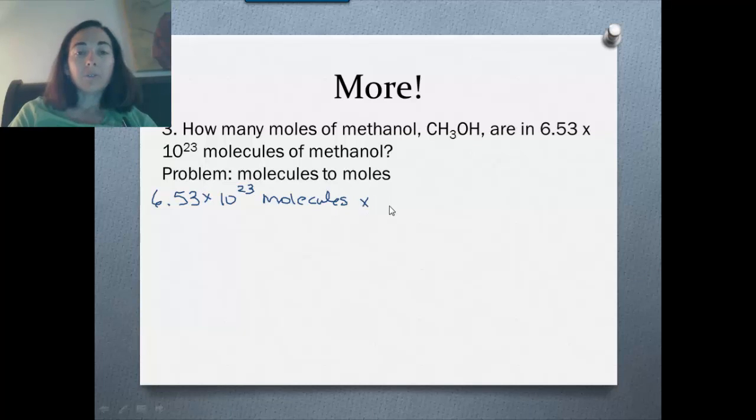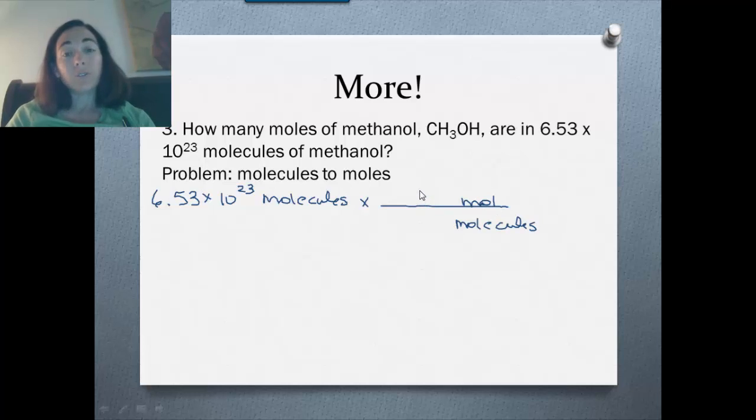And I'm going to multiply it by that conversion factor. I need molecules to cancel, so I'm going to put it on the bottom. And I need moles on top. I remember from an earlier lesson that 1 mole is 6.02 times 10 to the 23rd molecules. Molecules cancels out. We're going to divide by Avogadro's number.